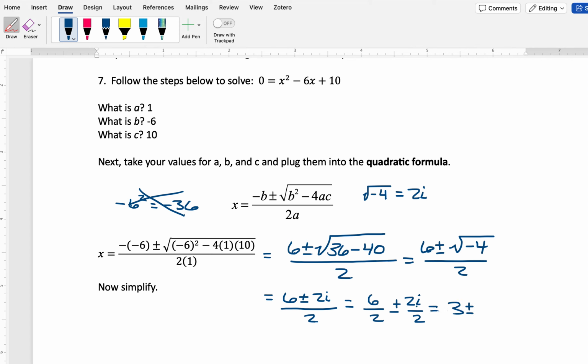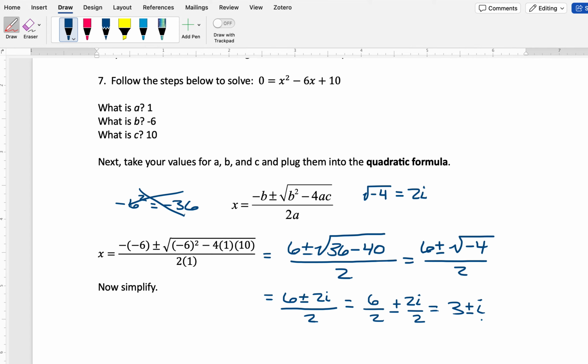And then we have the plus or minus 2i over 2. The 2's are going to cancel out, and that's just i. We treat i just like any other variable here. We can't combine it with the 3 because they aren't like terms. Just like I can't add 2x plus 6, I can't add 2i plus 6.